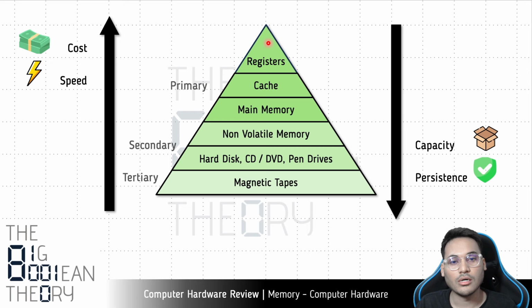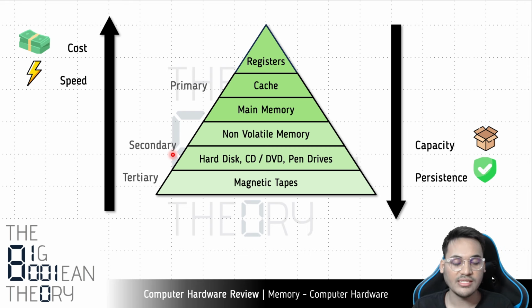And as we go down the pyramid, the amount of memory that we use increases. So we use more cache memory than registers, then more main memory than cache memory. You might not be familiar with all the different layers, but we will talk about these individual types of memory in the next slides.